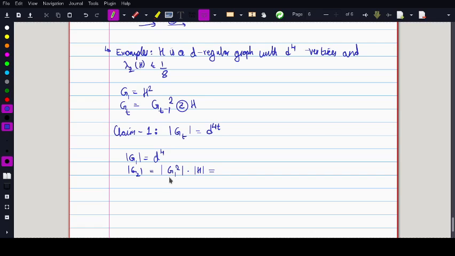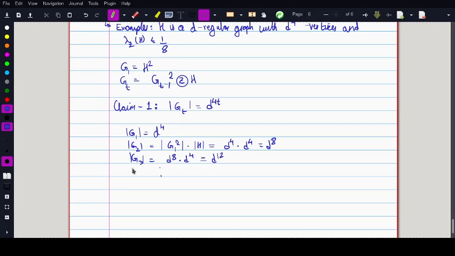because of what we saw earlier, that when you do the zigzag product, the sizes get multiplied. And we know that the size of G1 square is just the size of G1, which is d raised to the power 4. So this becomes d raised to the power 4 into d raised to the power 4, which is d raised to the power 8. And similarly, when you do G3, you'll be left with the size of G2 square, which will just be the size of G2, which is d power 8, into d power 4, this is d power 12. So inductively you can see that this all works out, and finally we'll have this thing.